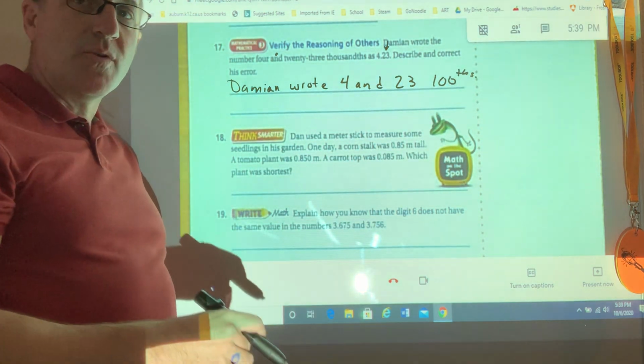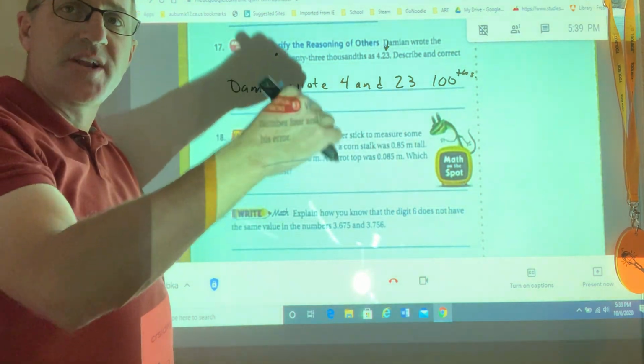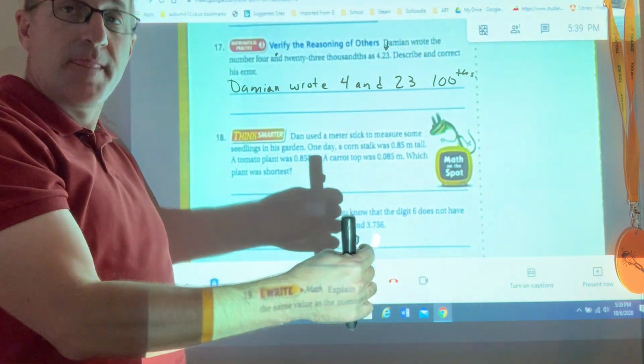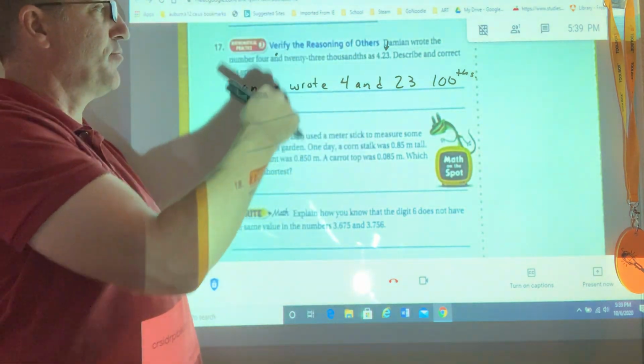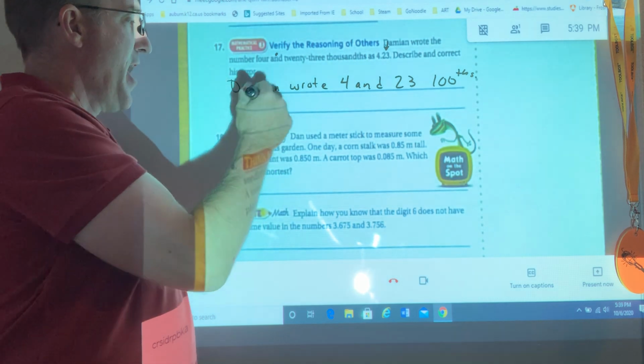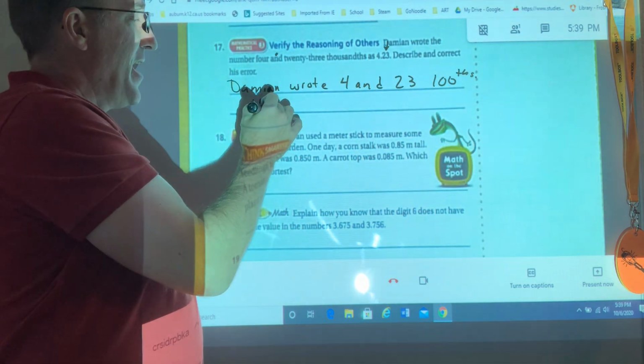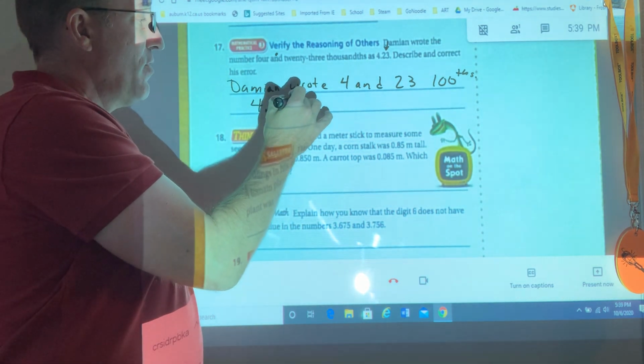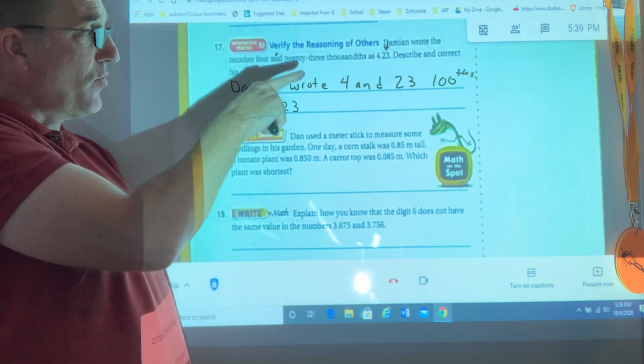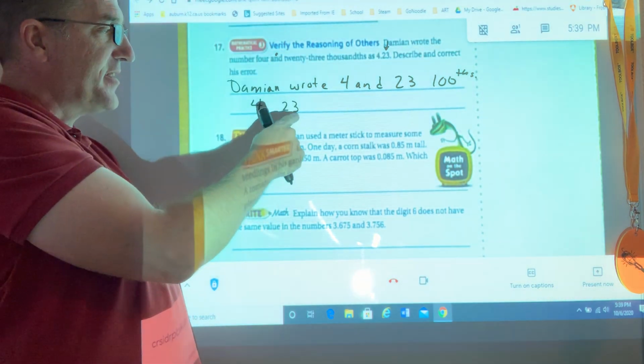Well, if I want it to be 23 thousandths, where does the last digit have to end up? In the thousandths place. So to write it right, I would have to write 4 and I'm going to write 23. Okay, it says 23, but where I want this to be in the thousands.